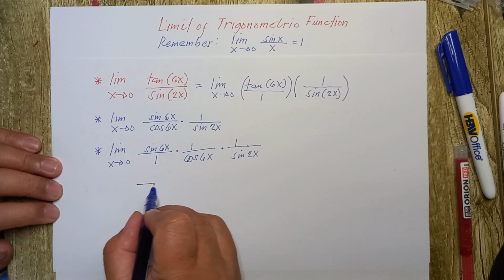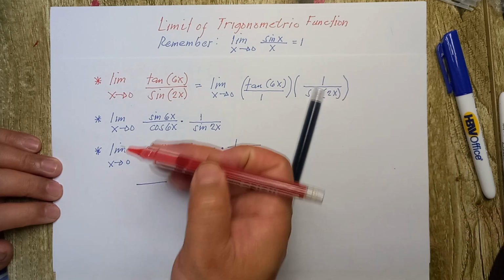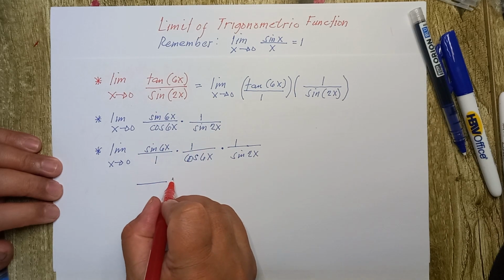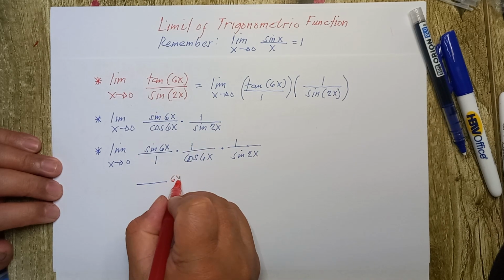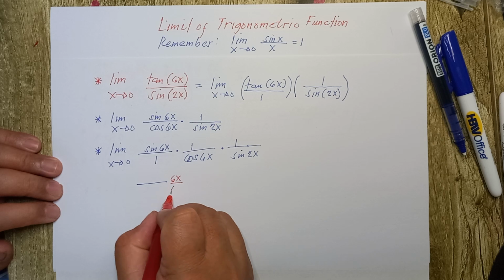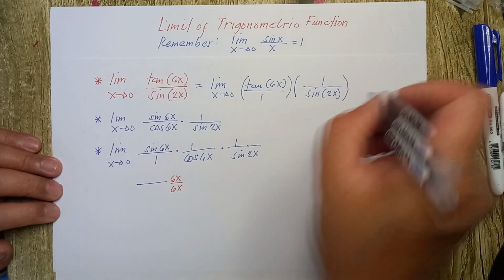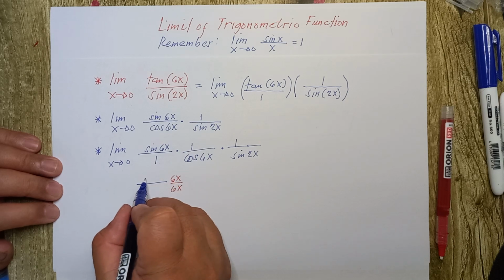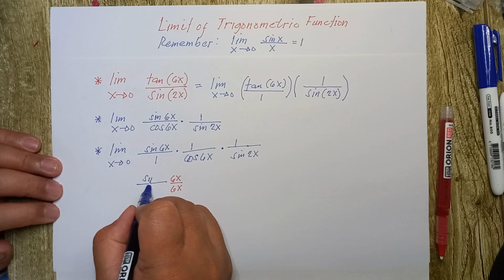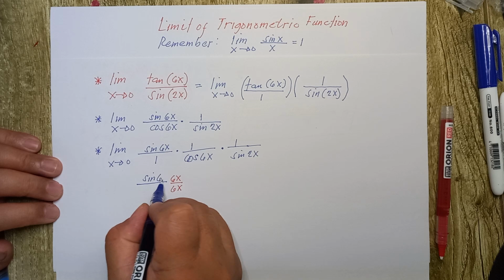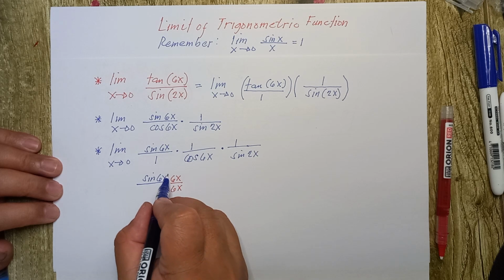Our multiplier can be in here 1, which is the same as 6x over 6x. Allow me to make use of another color so that we will not be confused. So sine 6x, okay?